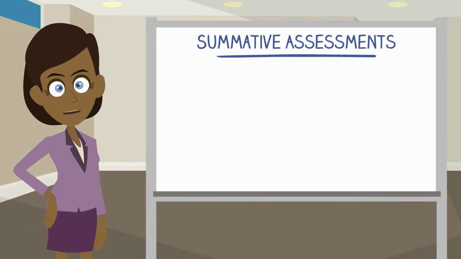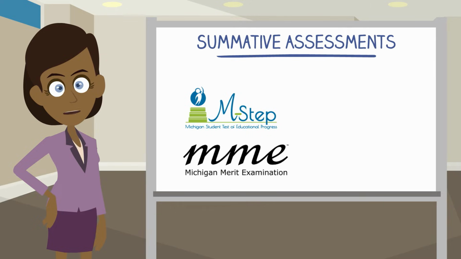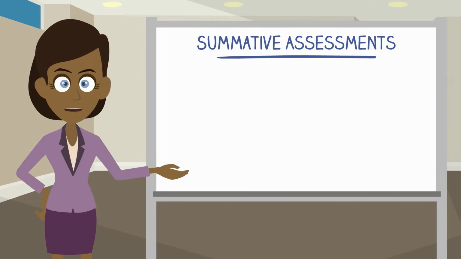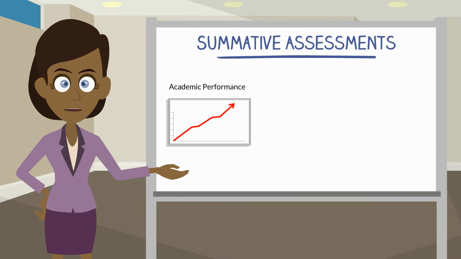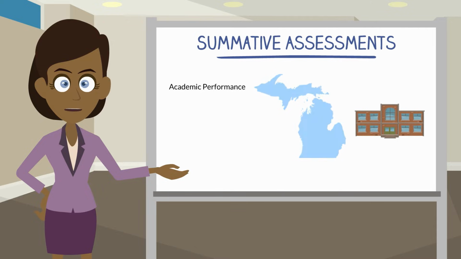Statewide summative assessments, including MSTEP and the Michigan Merit Exam, are mandated by state or federal legislation. They provide academic performance information to the Michigan Department of Education about the local districts for accountability purposes, as well as to the residents of the state.